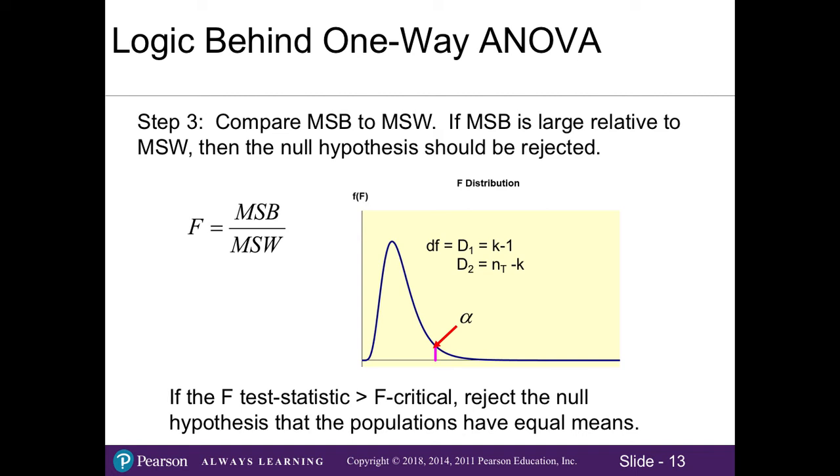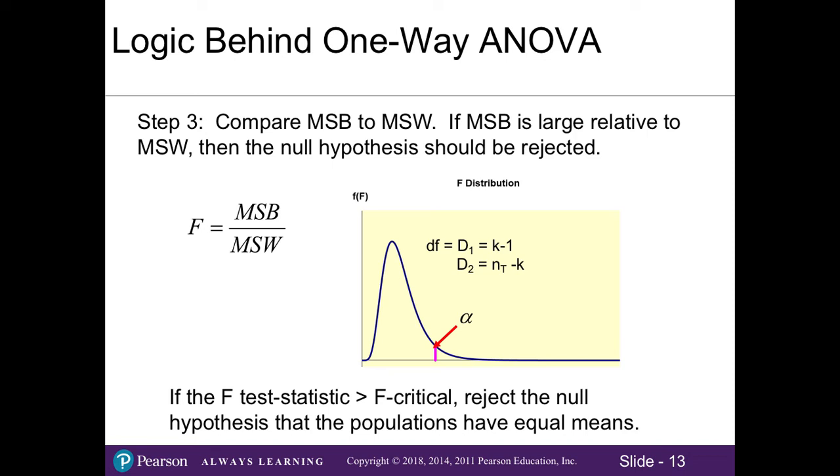However, if our MSB is very large, and when we divide it by MSW our F test statistic is greater than our F critical value, we would reject the null. Note that here is our distribution for this particular test, and it goes left to right. We've been learning about critical values for several weeks now. We learned Z critical values and T critical values.